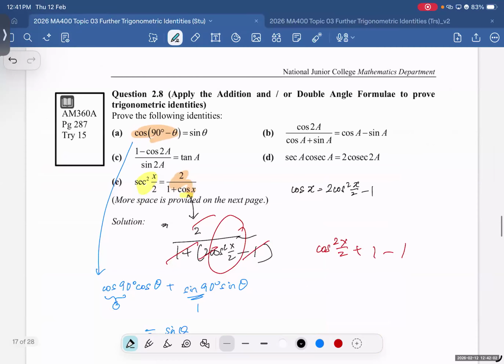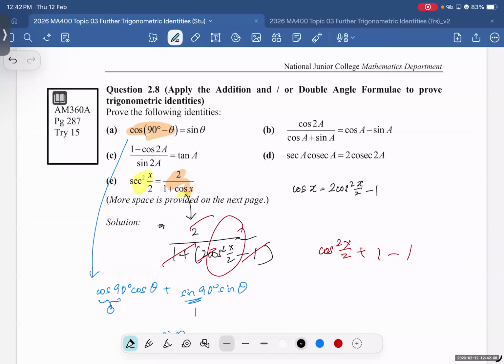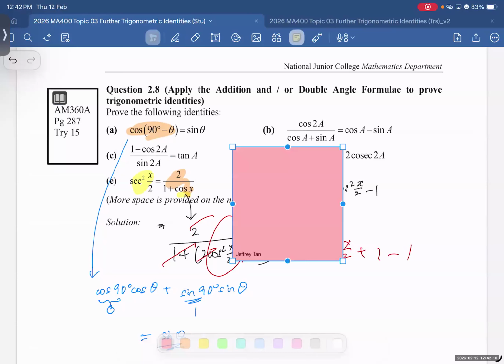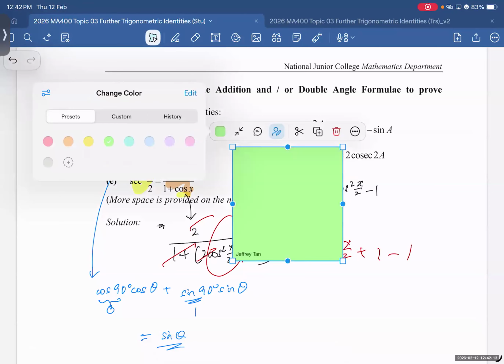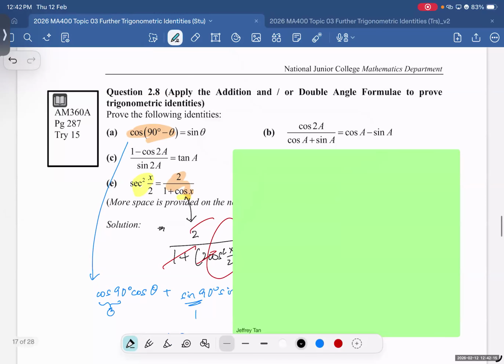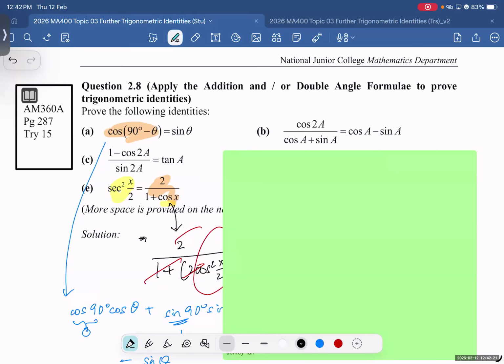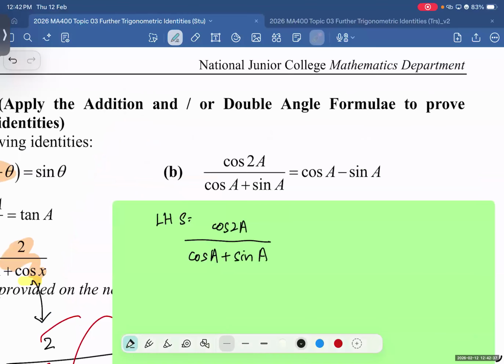2.8b, usually I start from the left-hand side. So now, cos 2A over cos A plus sine A. If I'm starting from the left and I want to get to a single line, you can see this is a fraction, and this is a single line.